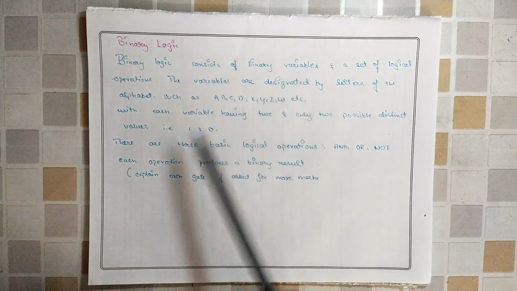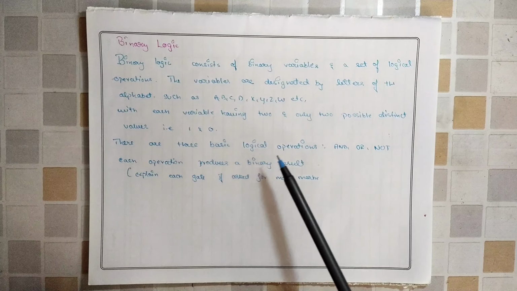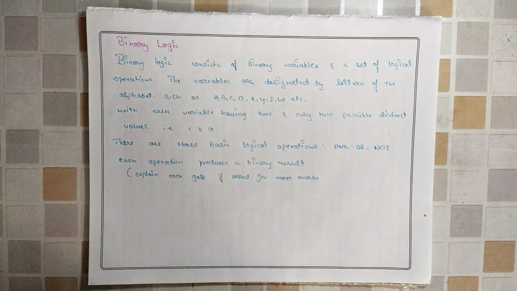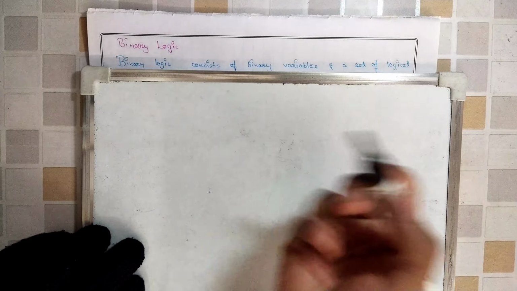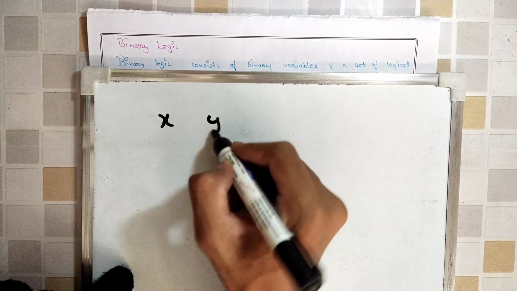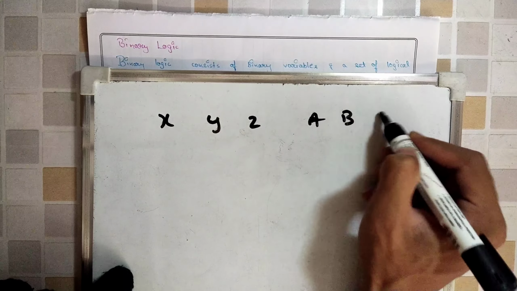So we talked about the variables, and there are three basic logical operations: AND, OR, NOT. You all would have studied this in your PUC level education. Let me just show you here. Binary logic consists of binary variables and a set of logical operations. Suppose there are variables like x, y, z, a, b, c.